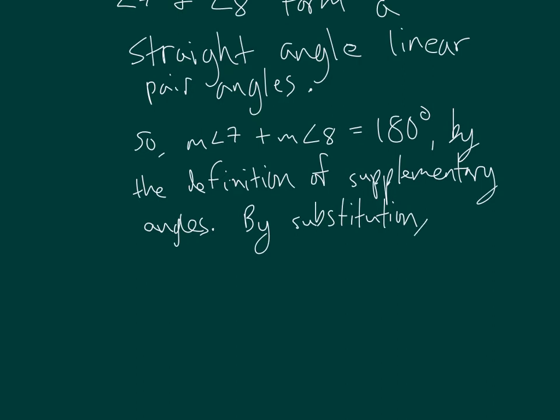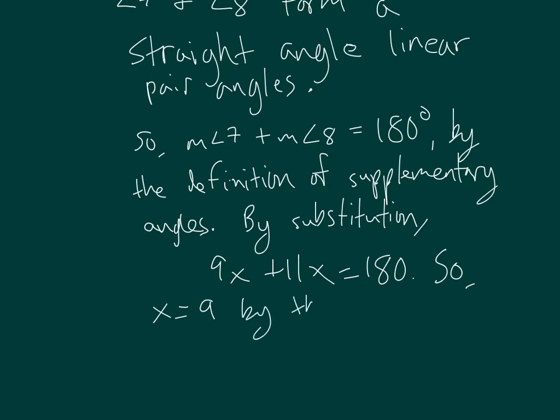So we can write this as 9x plus 11x, which this was angle 8, they told us in the given section. And that has to equal 180. Okay, so therefore x equals 9 by the division property.